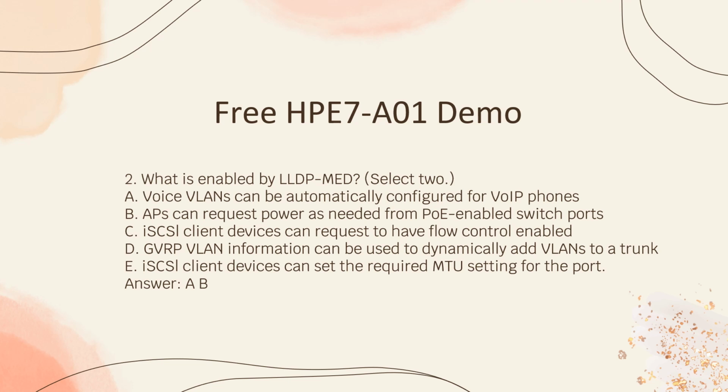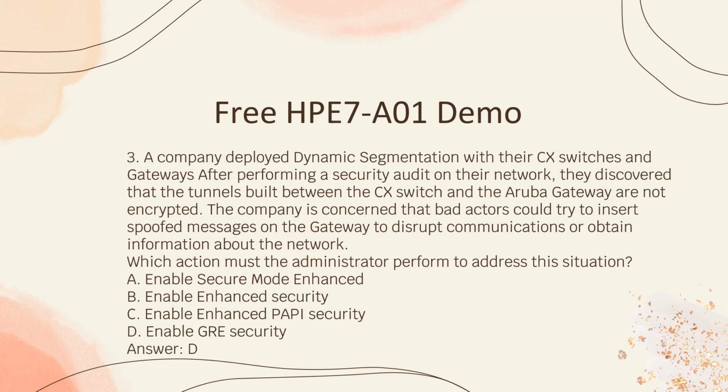D. GVRP VLAN information can be used to dynamically add VLANs to a trunk. E. iSCSI client devices can set the required MTU setting for the port. Answer: A-B.